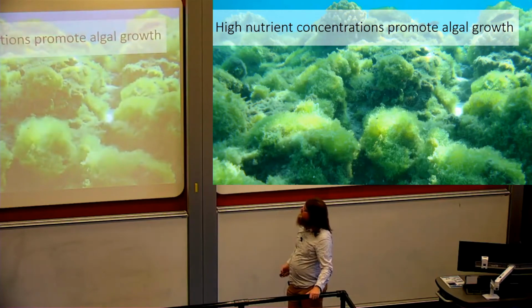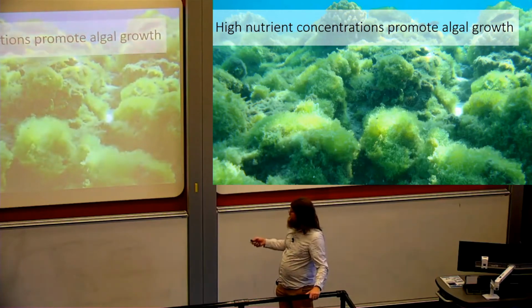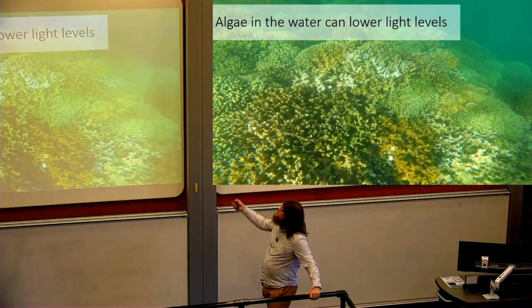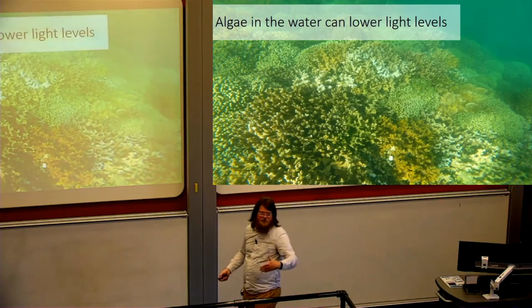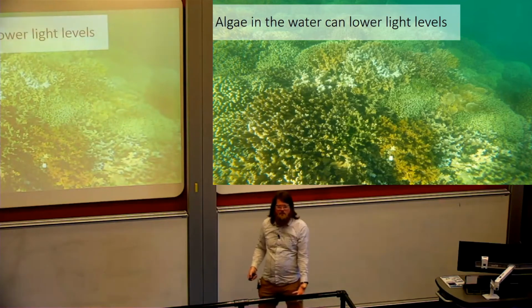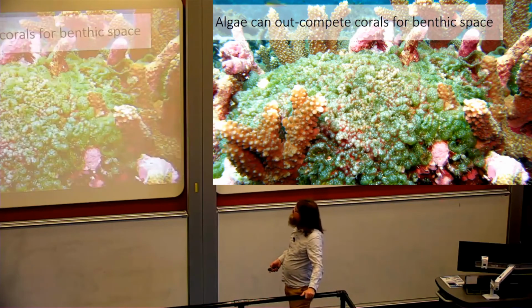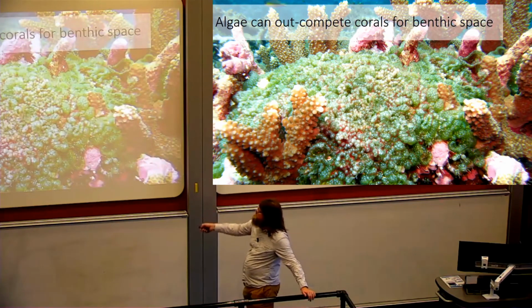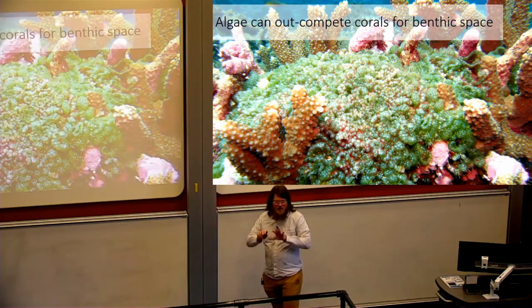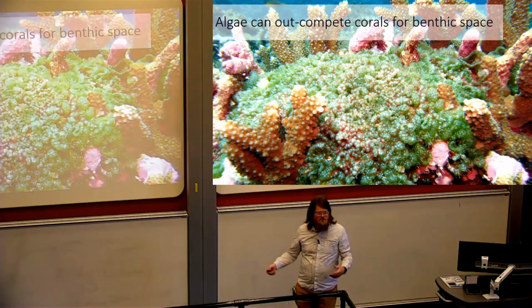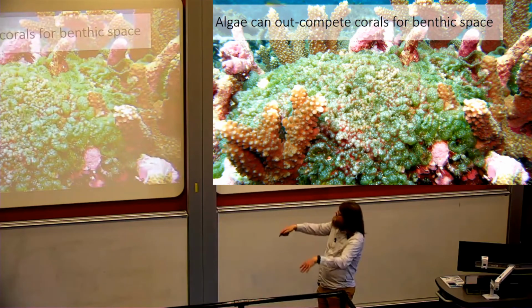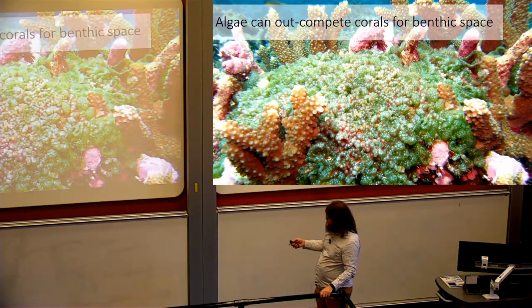And that has a number of effects. First of all, it can reduce the visibility through the water, so less light can penetrate down to the corals, and they get less energy from photosynthesis because it's being blocked out. You can also compete for space, so algae can basically overwhelm the corals through an algal mat of gooey greenness, which is horrible.